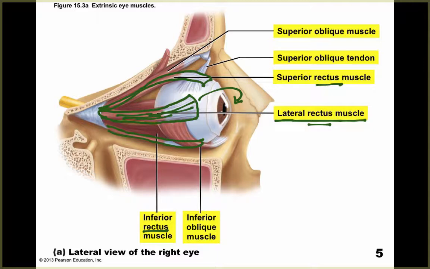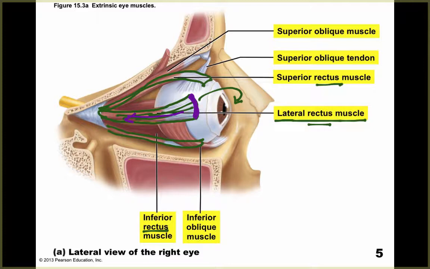So remember how we learned about muscle. Eye muscles are no different than regular skeletal muscles. And so remember, muscles don't push, they pull. So if you look, we're attached over here. What happens if this muscle pulls and gets smaller? That will tell you how it moves the eye.